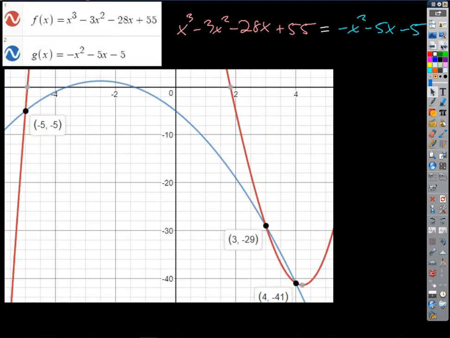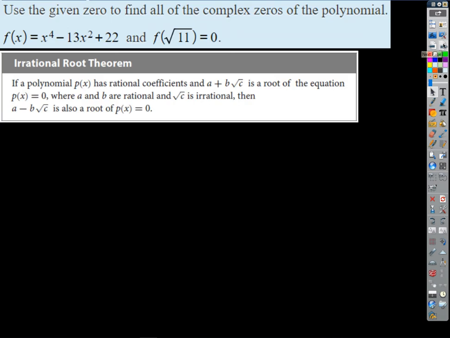Okay? All right, so here's the one we started yesterday. If we're told that radical 11 is a 0, and we want to find all of the complex zeros, that's where we can use the irrational root theorem, different than the rational root theorem, which we'll talk about later.